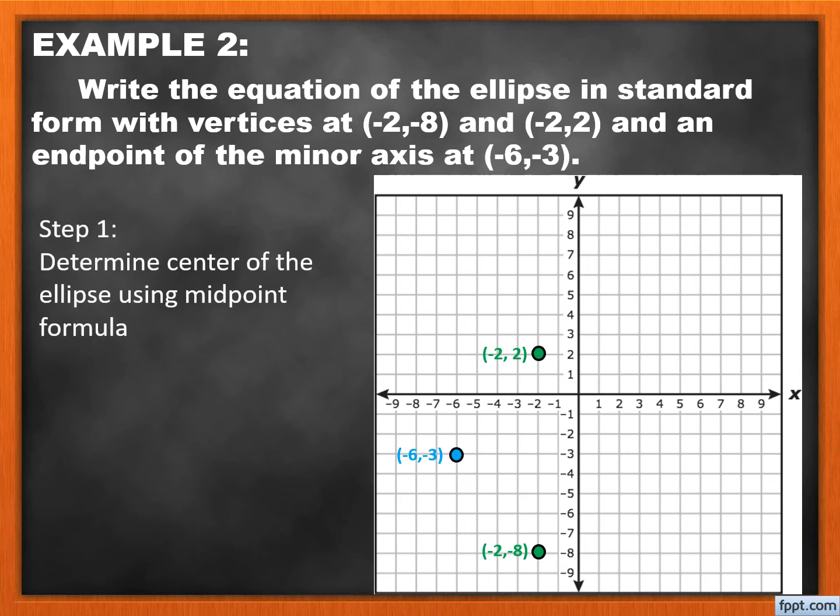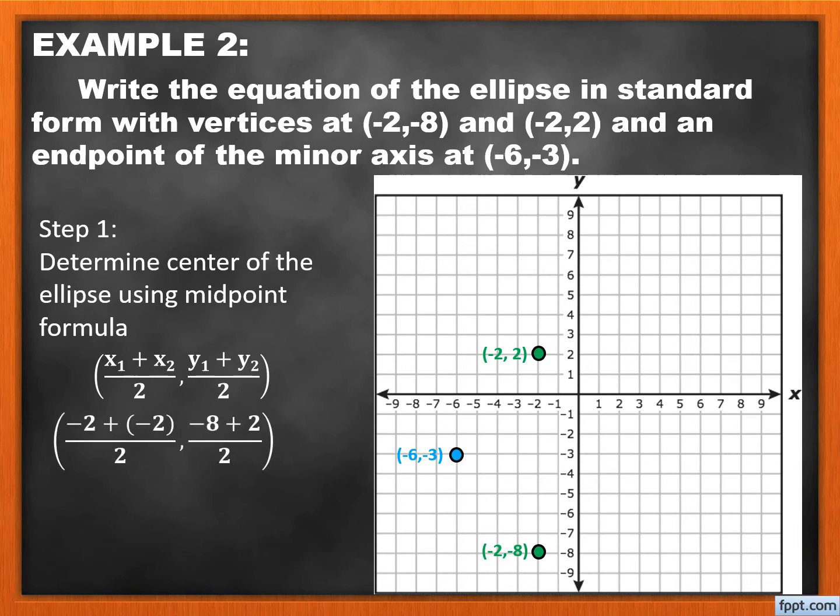For step 1, we must determine the center of the ellipse using the midpoint formula since it is not given in the problem. Using the midpoint formula, (x sub 1 plus x sub 2) over 2, (y sub 1 plus y sub 2) over 2, we're going to use the points of our vertices since the center is at the middle of the two vertices.